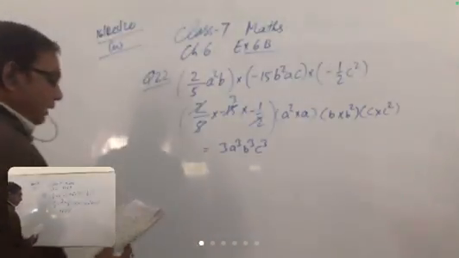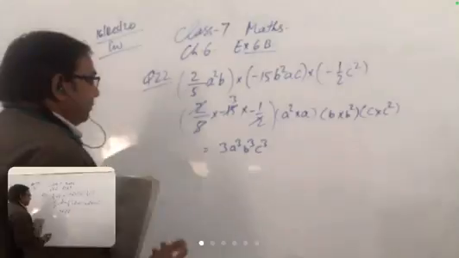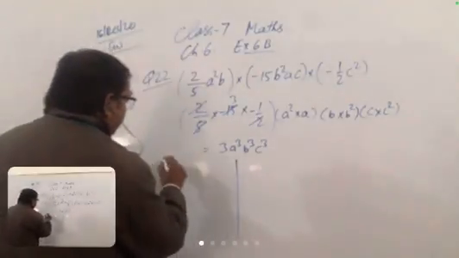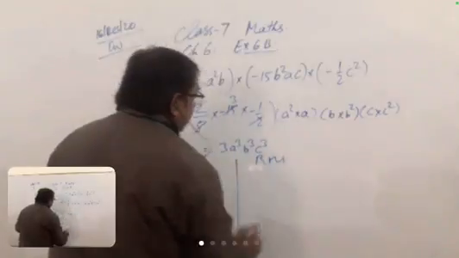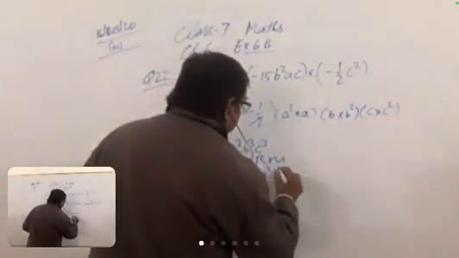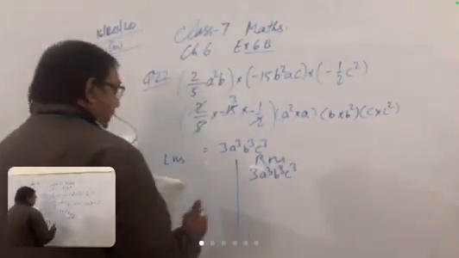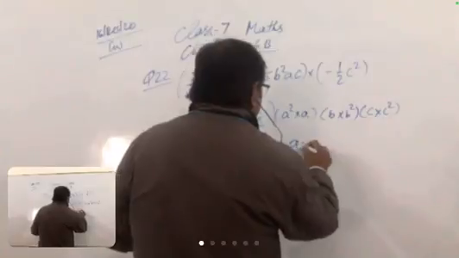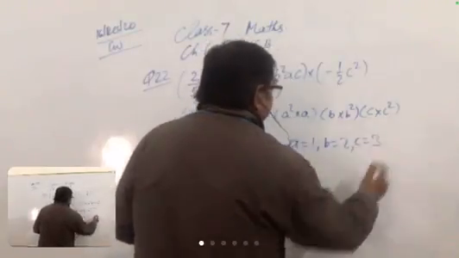Find the product given below and in each case verify the result. Now let us do the verification, LHS and RHS. RHS is 3a cube b cube c cube, and the value of a is 1, b is equal to 2, and c is equal to 3.